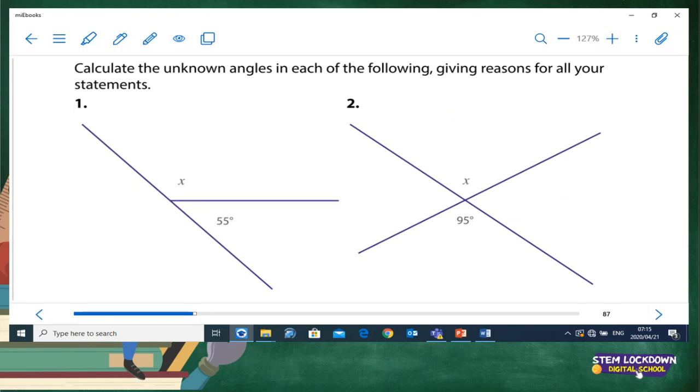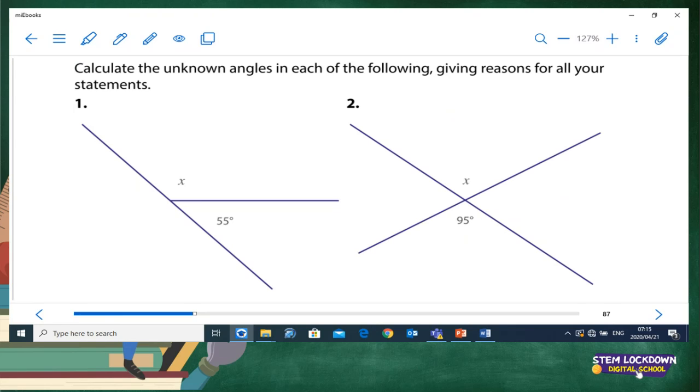Now we no longer talk of adjacent angles. So the sum of X and 95 will not be 180. Why? Because those are vertically opposite angles. And we have just learned about vertically opposite angles this morning.